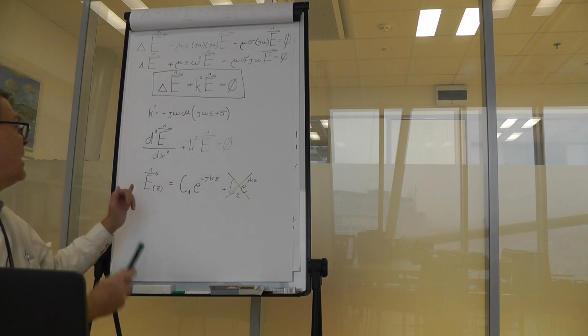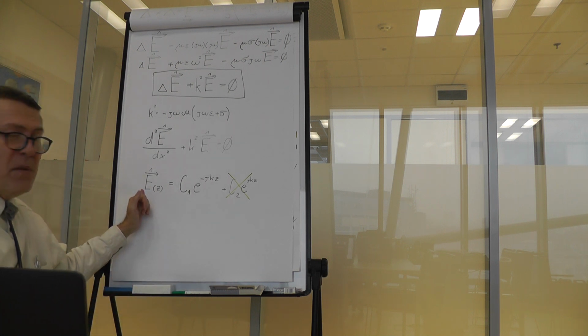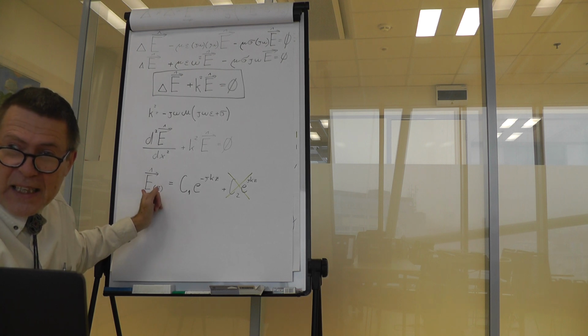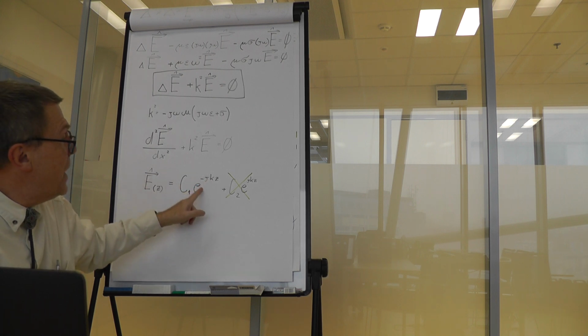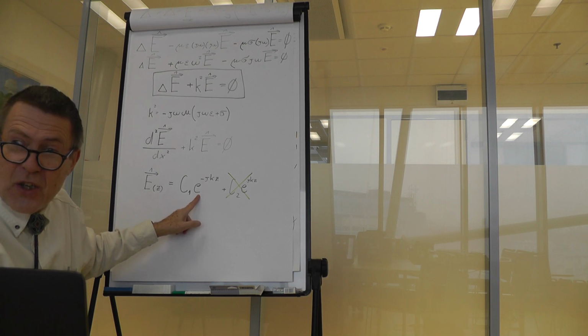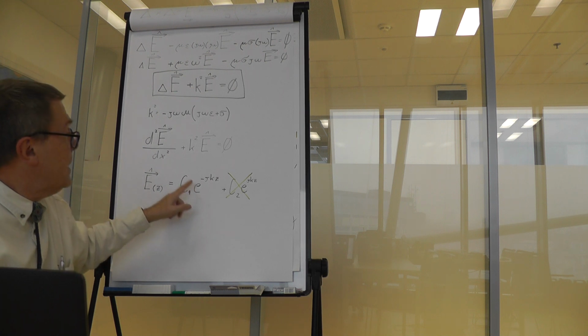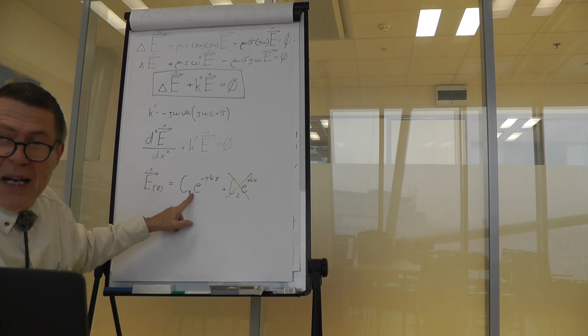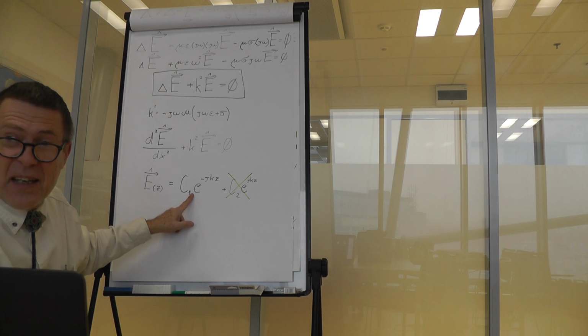Now, we have on the left side something which has the dimension of electric field strength. We have here the exponential, and as you know, the exponential function is dimensionless. And therefore, this constant c must be physically electric field strength somewhere.